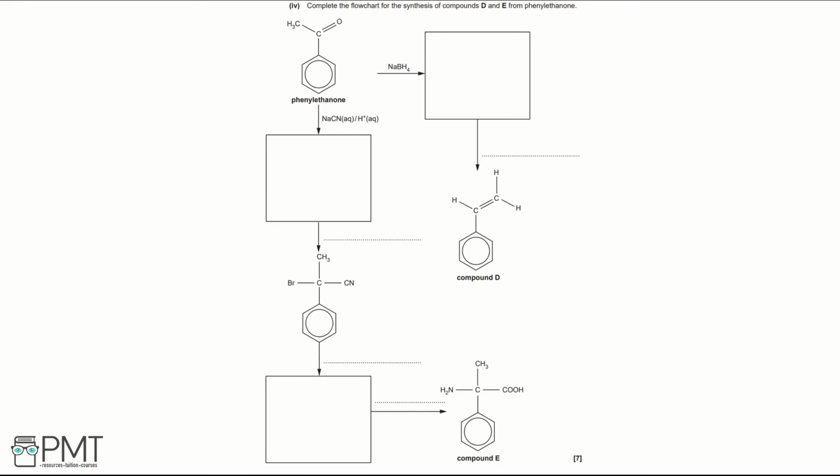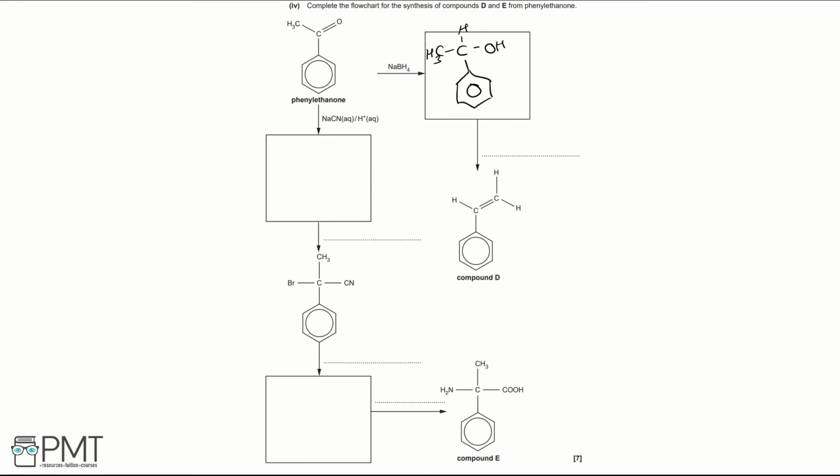So that means we're going to get rid of our carbonyl group and it's going to be replaced with an OH group or an alcohol group. So drawing this product, we would have our benzene ring, and then we would have our carbon with an OH group, a hydrogen, and our CH3 group.